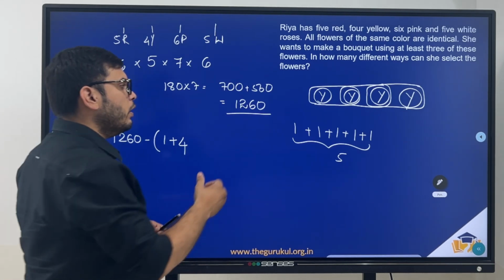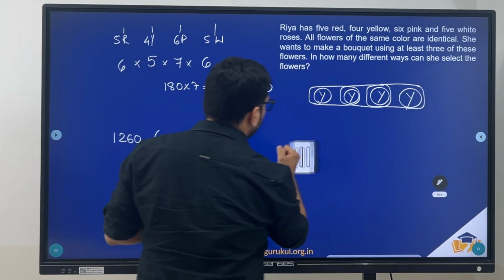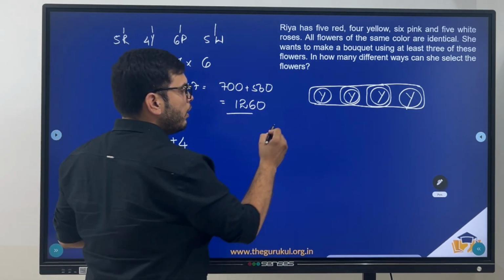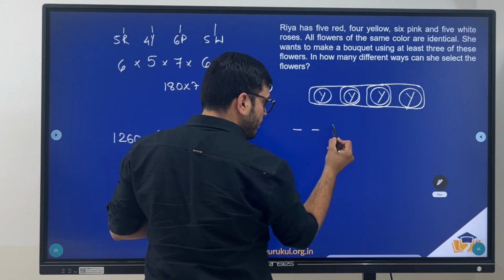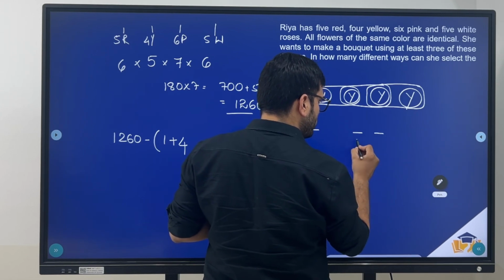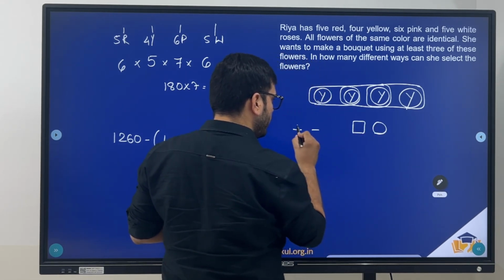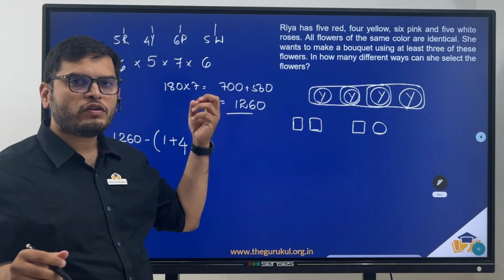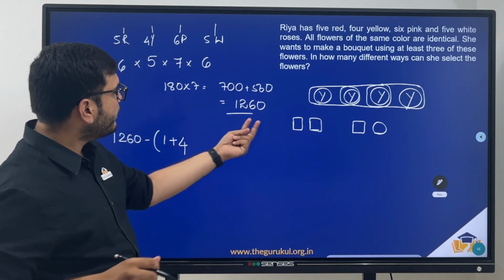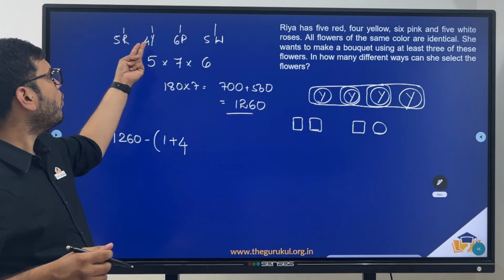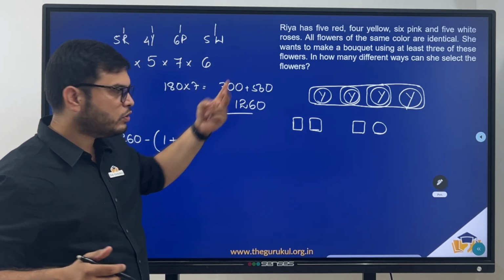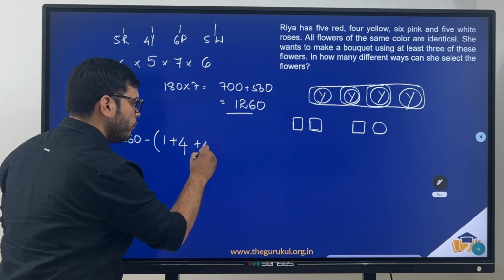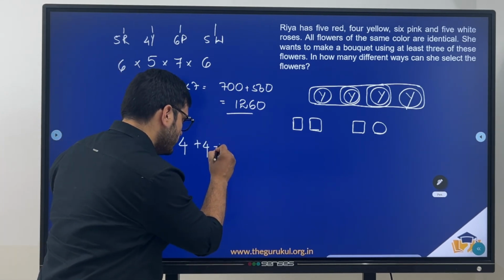Right. Now Ria should be picking 2 flowers. Now these 2 flowers can be of the same color or of different colors. If she picks 2 flowers of the same color, then these 2 flowers can be red or yellow or pink or white. So you have 4 plus.